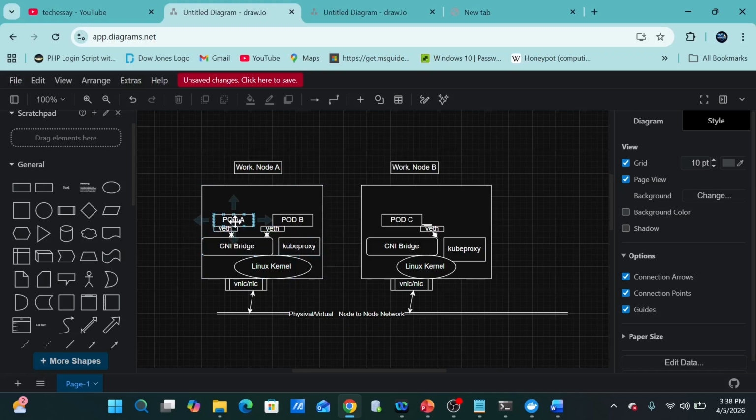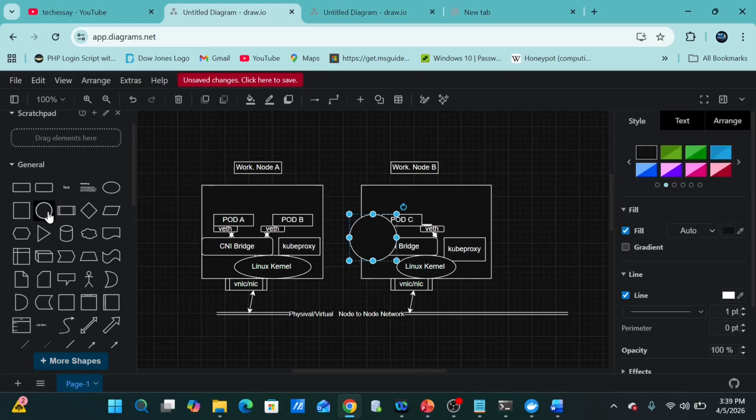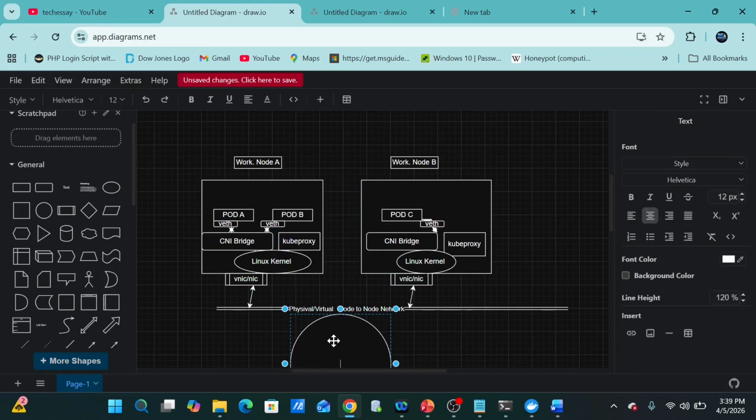So traffic goes to the veth, then the CNI bridge, and by using the Linux kernel it passes to the vNIC. Then it goes into this main LAN overlay. Basically this is the overlay or underlay network. Let me write it here for your understanding. If it is virtual, then it will be overlay, otherwise it can be an underlay network.